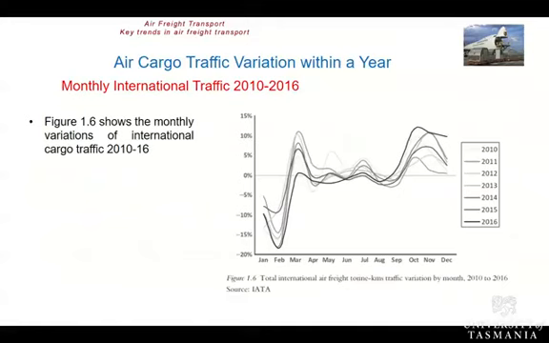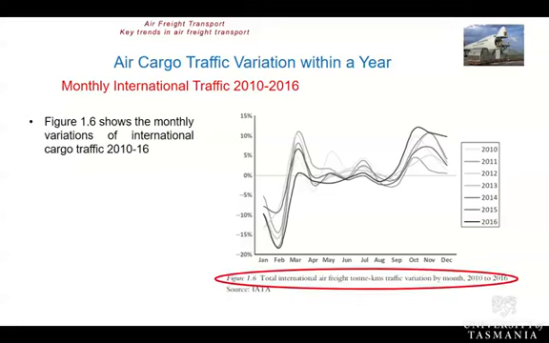Now, if you extrapolate that out over a number of years, this slide gives you the total international air freight tonnes per traffic visitation by month from 2010 to 2016. If you've got in your mind the graph that we just looked at, you would probably say that this looks pretty similar.